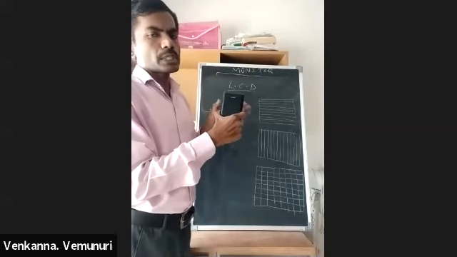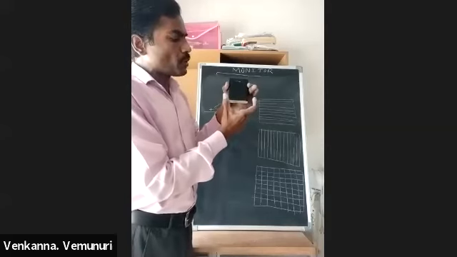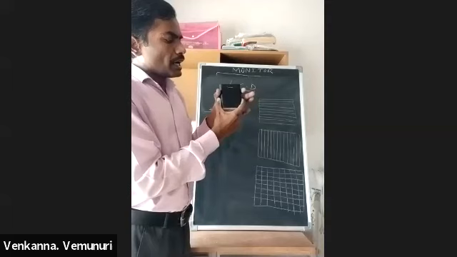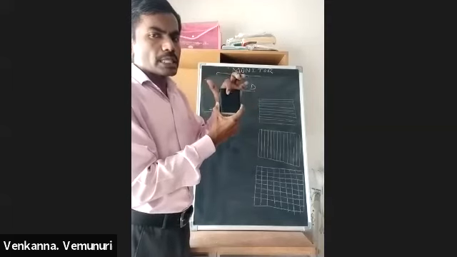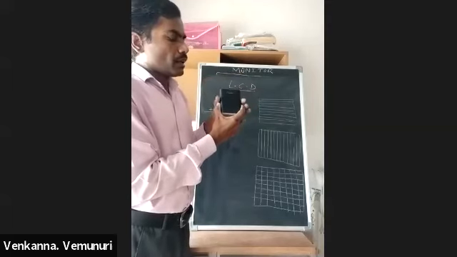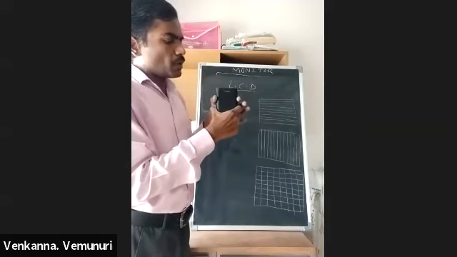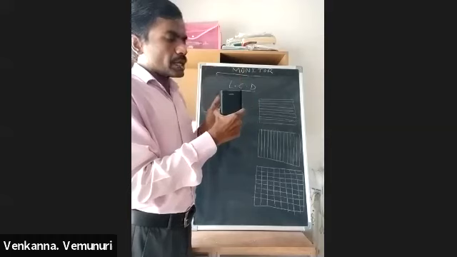It is opposing. When I apply voltage to this liquid crystal material, it is converted to pure crystal, pure glass. Now, if I apply light here, it allows light from front to back.